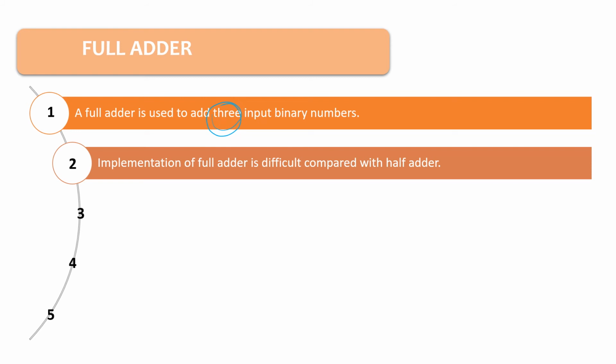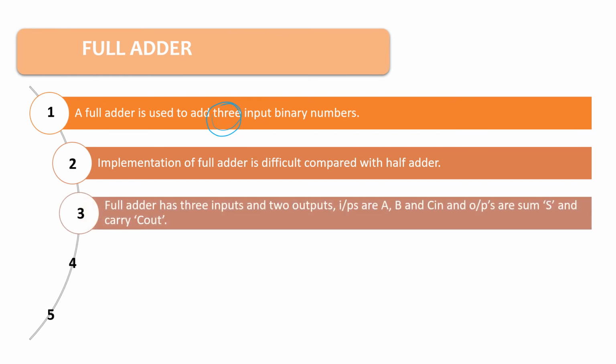It is a technical thing when it comes to implementation, because once you have designed your circuit, you need to implement it on the board. So it is a little bit complicated compared to the half adder, because here you need to take care of the carries as well, and that carry will be the input for the next phase. So let's see how it works.